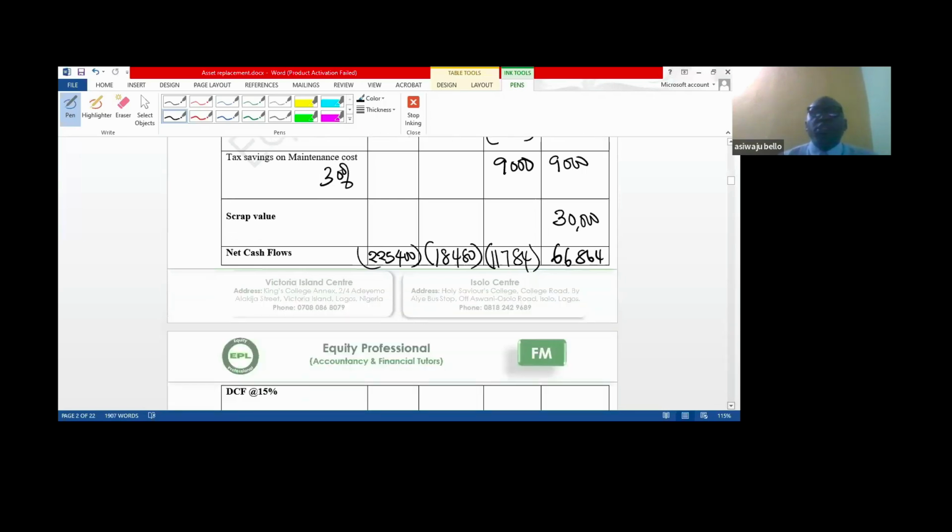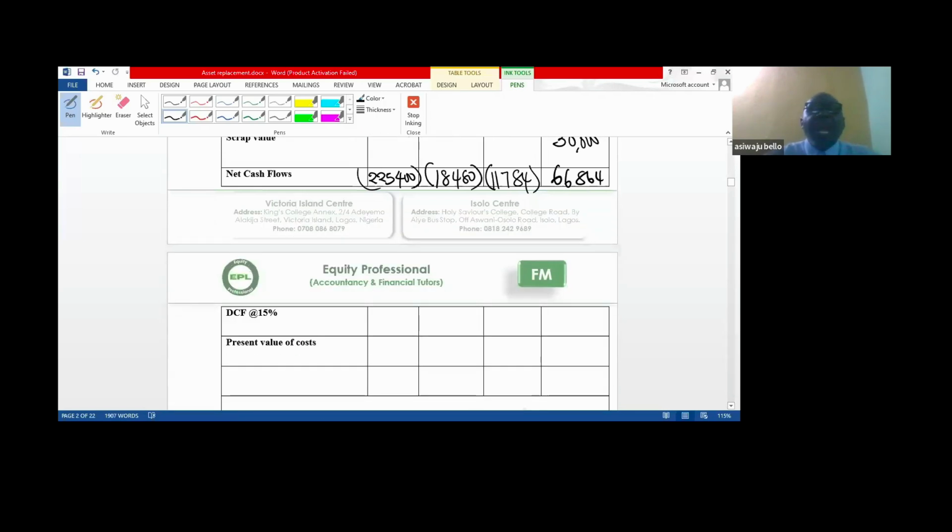You now introduce your discount factor at 15%. Here we have 0.8696. No, this should be year 0.